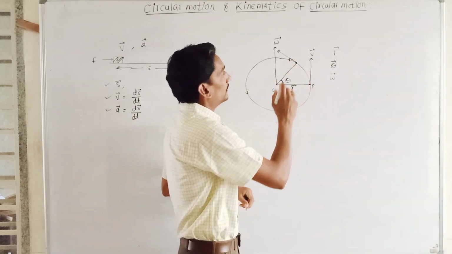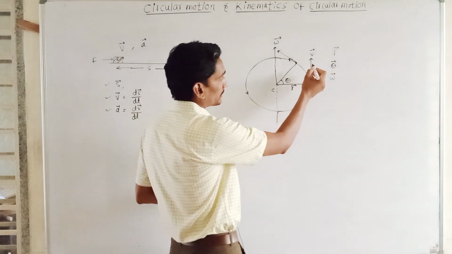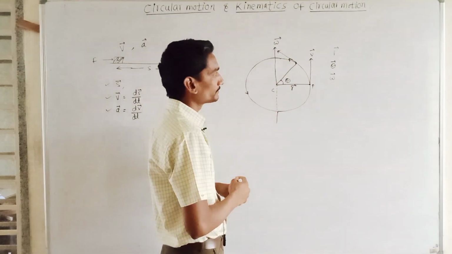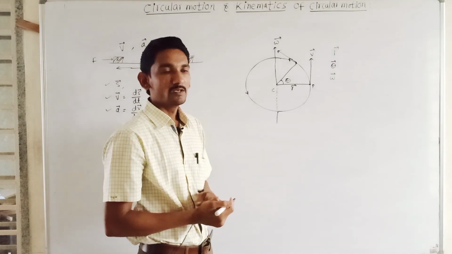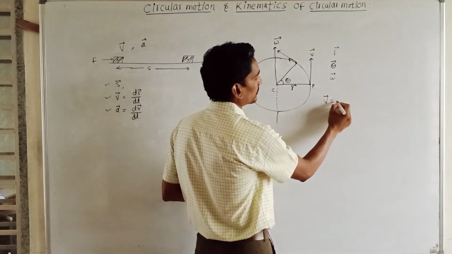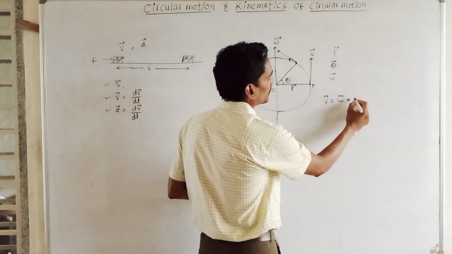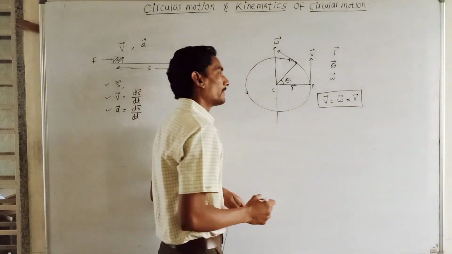In kinematics of circular motion, we can also determine the velocity of the particle performing circular motion. We can determine the velocity by using this relation: v vector equals omega vector cross r vector. This gives the linear velocity.